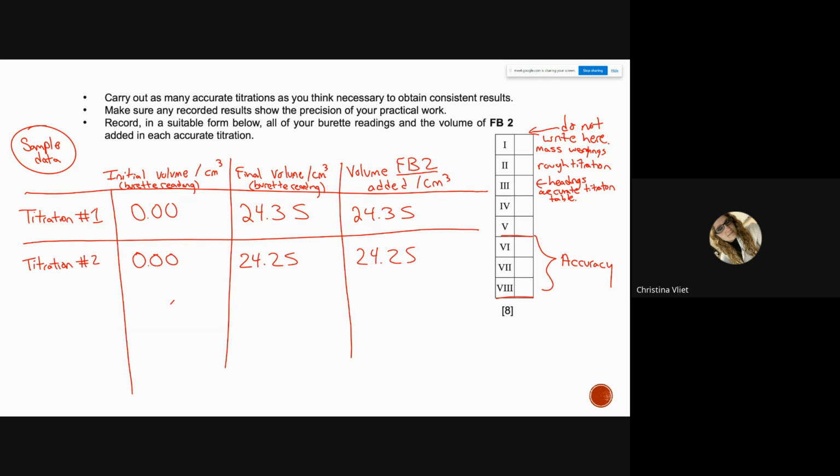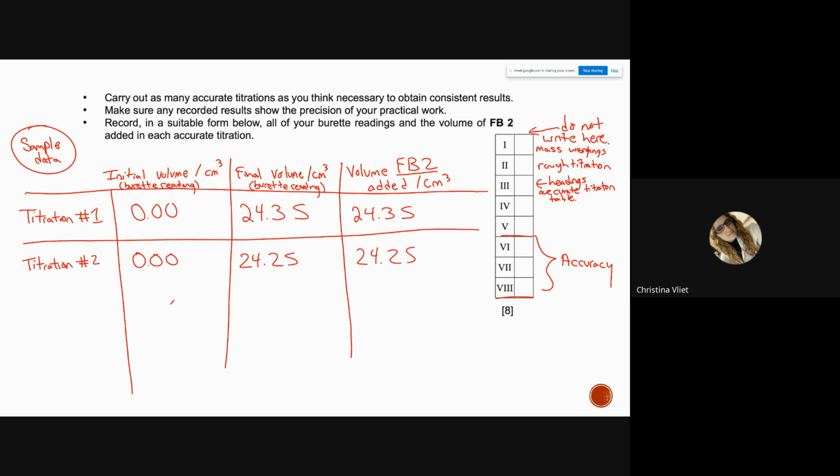What do we mean by headings? So where is Mark 3? Having the specific initial volume, centimeter cubed, final volume, centimeter cubed. So basically taking the initial volume you read, the final volume you read, and then subtracting the two for each experiment. That's Mark 3, just so you're aware.